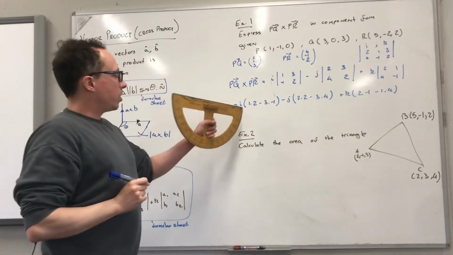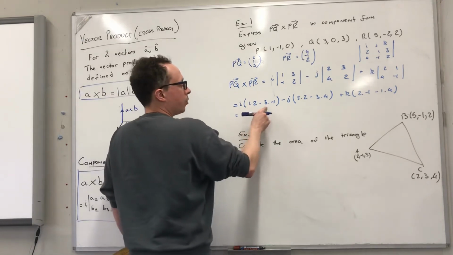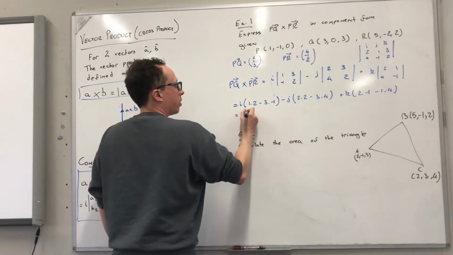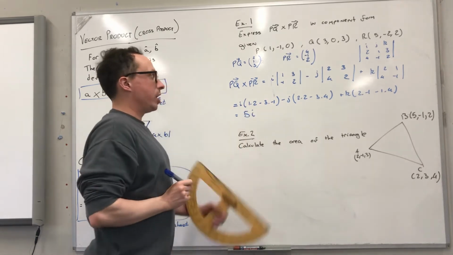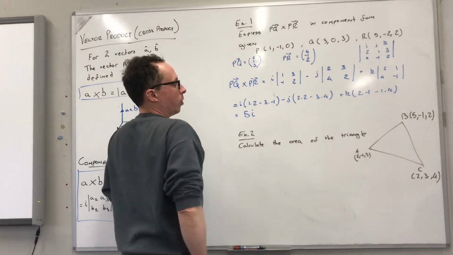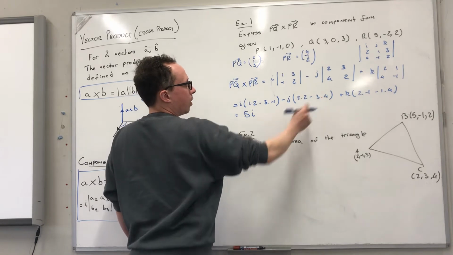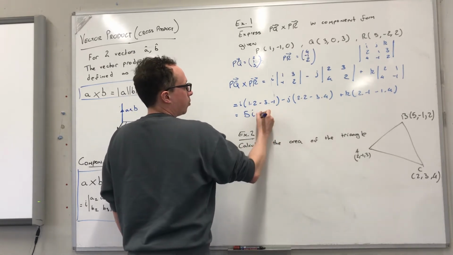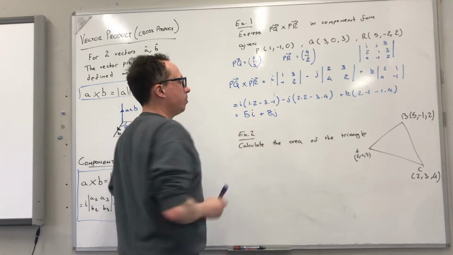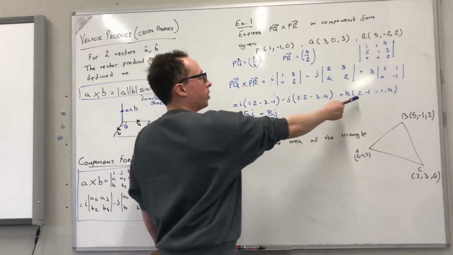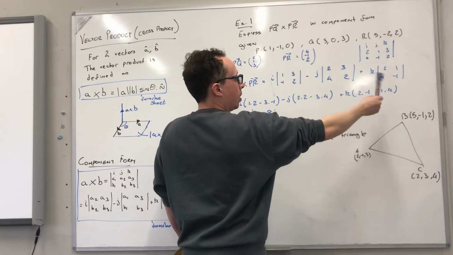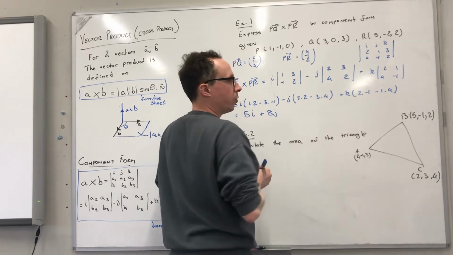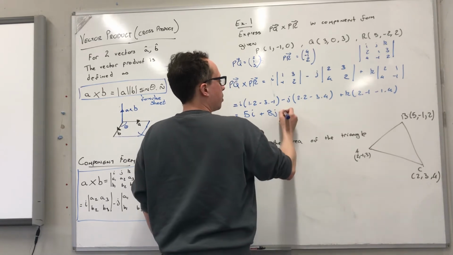Which is going to give us 1 times 2 is 2, 3 times negative 1 is negative 3, so 2 minus negative 3 gives us 5i. 2 times 2 is 4, minus 12 is negative 8, and then it becomes 8j. 2 times negative 1 is negative 2, 1 times 4 is 4, so negative 2 minus 4 is negative 6.